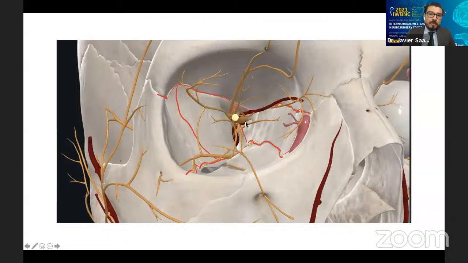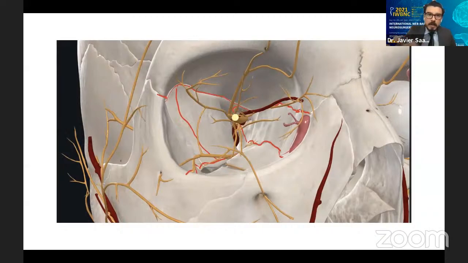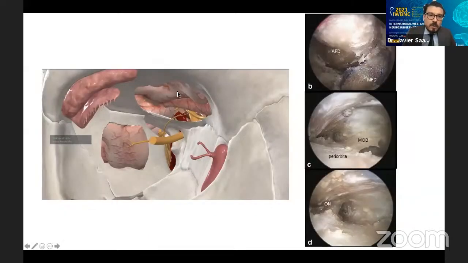This is the optic nerve. This is the ophthalmic artery. This is the ophthalmic nerve with its branches: the lacrimal nerve, the frontal nerve, the zygomatic nerve, and the infraorbital nerve. What's important about this anatomy for the TONES approaches is that we have to imagine that just behind this bone anatomy, you have access to the neurocranium and also to extracranial compartments.